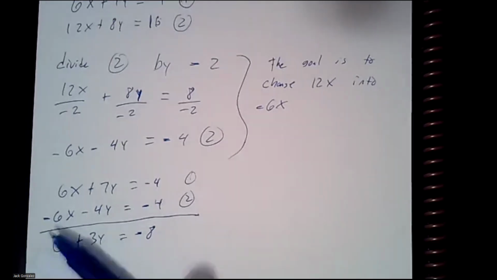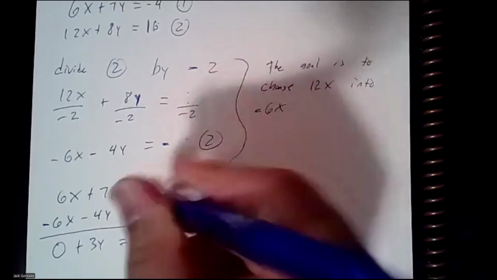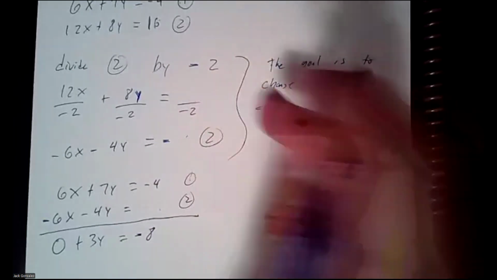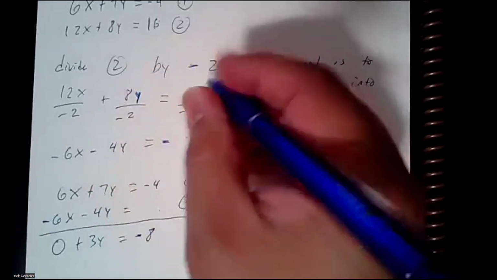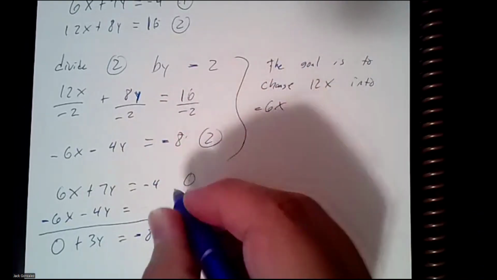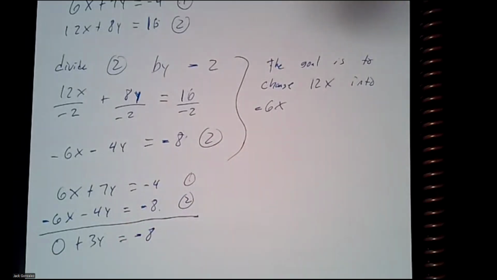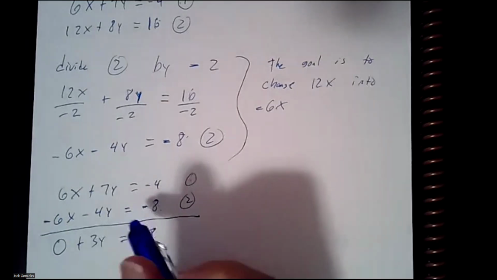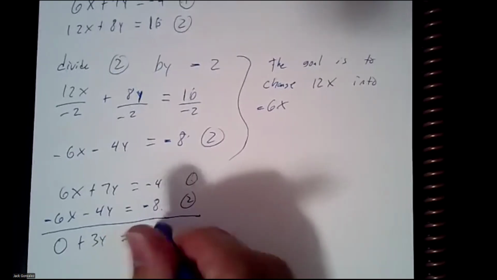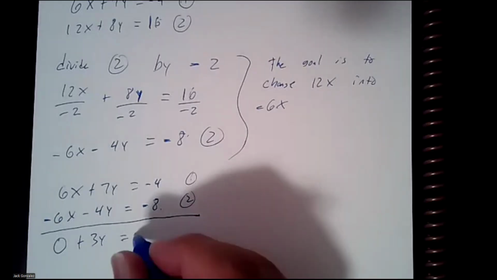So this would be 16. Let me fix this real quick. The work doesn't change, it's just changing a number. So negative 4 minus 8 is a negative 12.